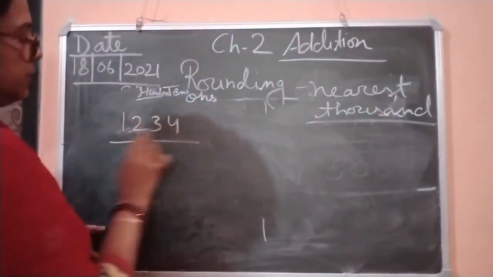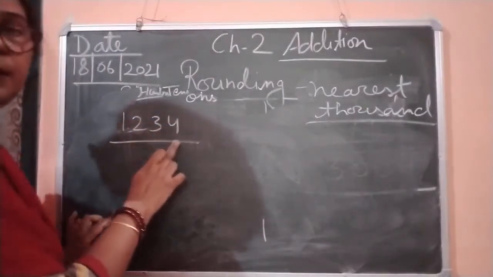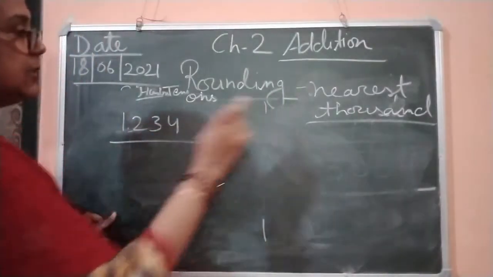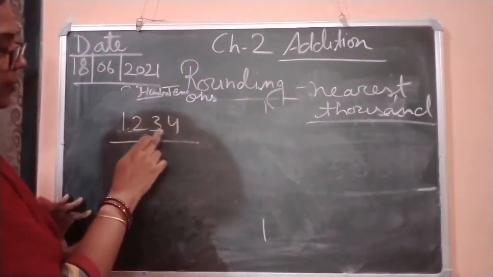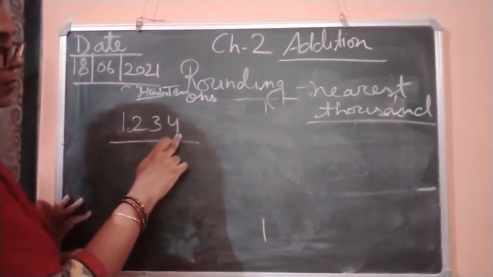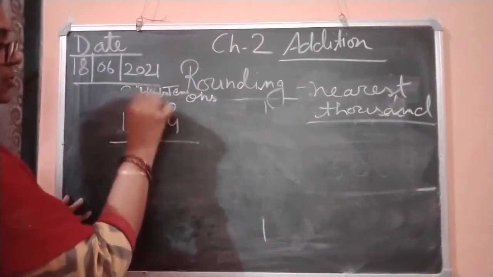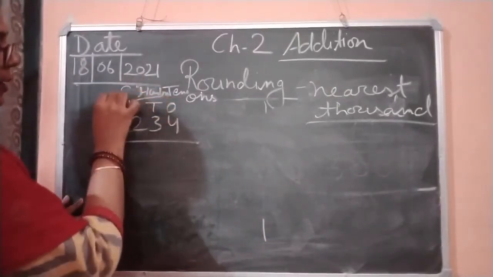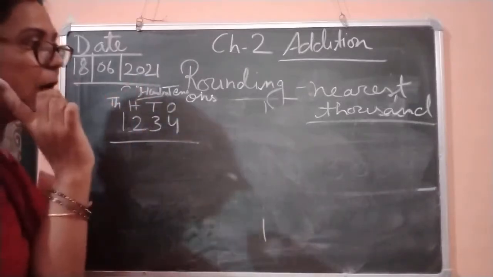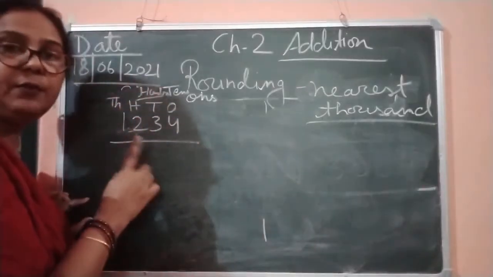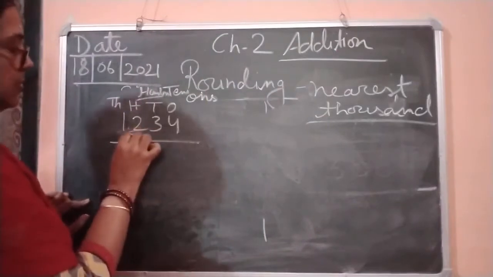This is 1234. So nearest 1000 we have to round off. So what we will see? First of all we will see this is ones, tens, 100 and this is 1000. So to round off to the nearest 1000 we will see the hundreds column first.